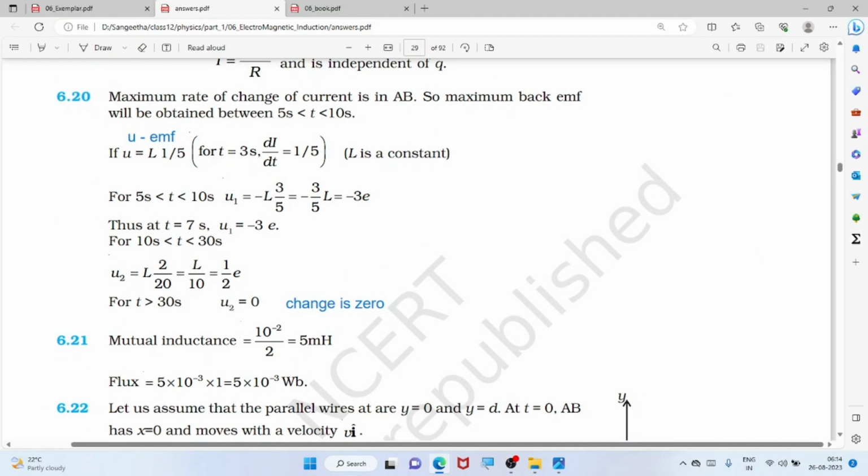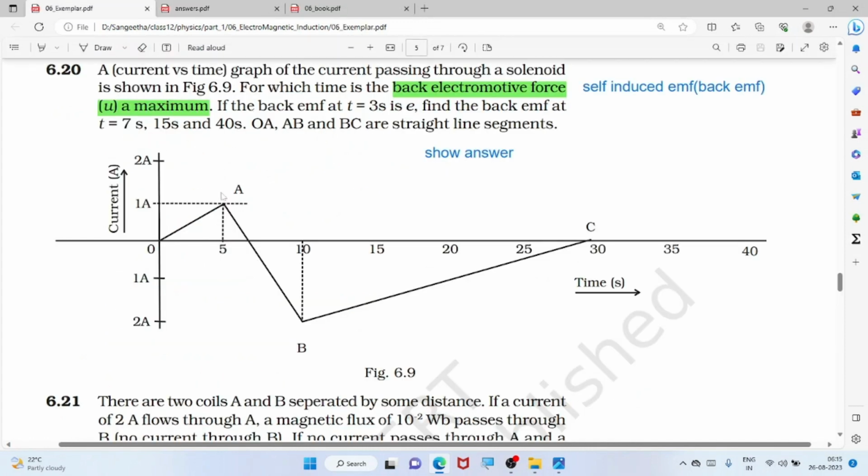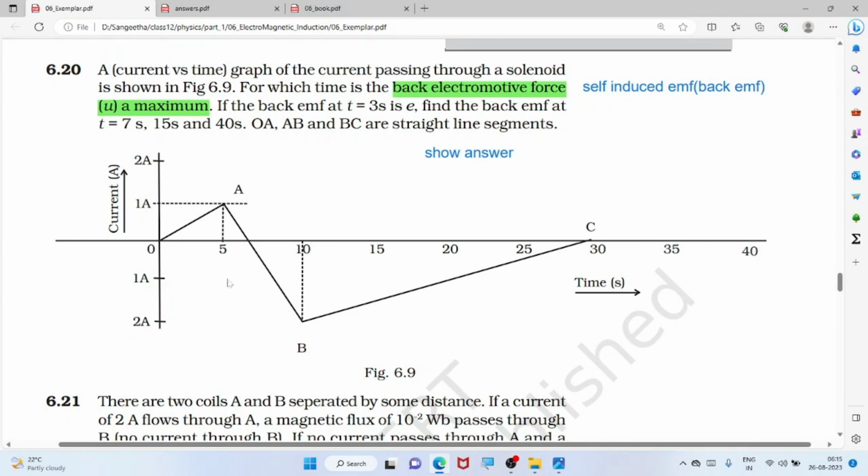The maximum rate of change of current is in AB. From here the rate of change of current is maximum in these curves. The rate of change of current is maximum from 5 to 10 seconds, where the x-axis is 5 seconds and the y-axis is 3.